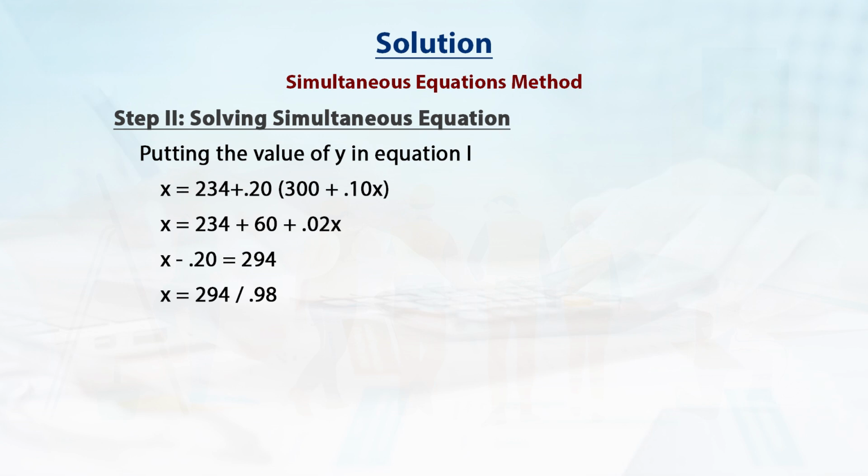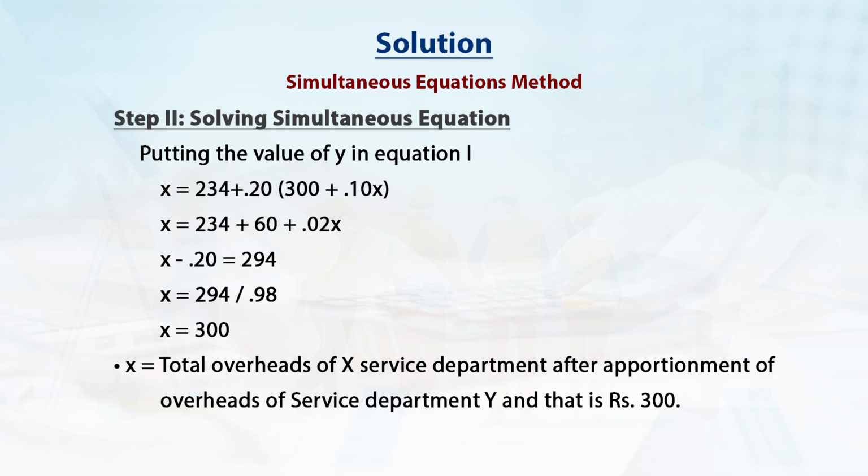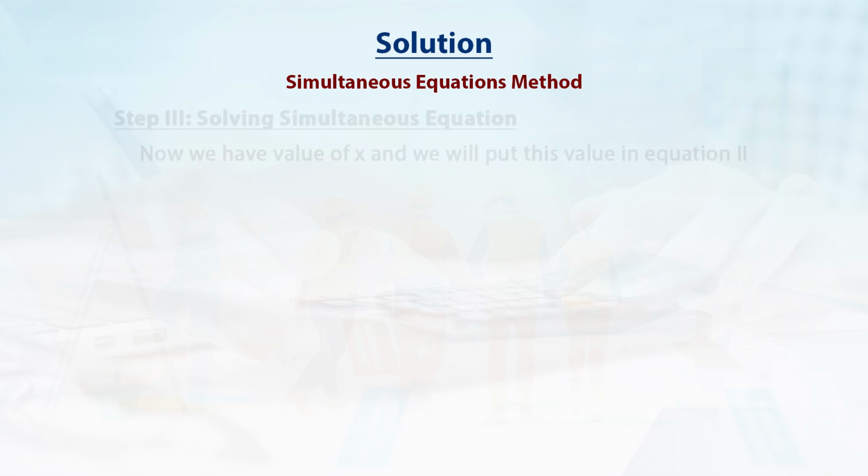Therefore, X is equal to 294 divided by 0.98. Therefore, X is equal to 300. X is equal to total overheads of X service department after apportionment of overheads of service department Y, and that is rupees 300.